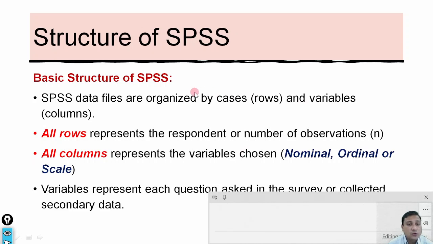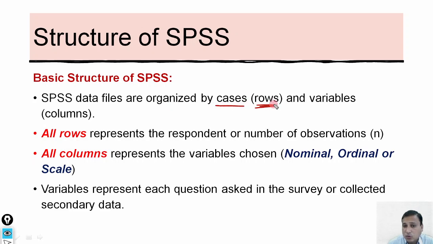So let me take you all to the structure of SPSS. Basic structure of SPSS. An SPSS file is organized by cases, that is rows, and variables, that is columns. All rows represent the respondents or the number of observations, and all columns represent the variables chosen.